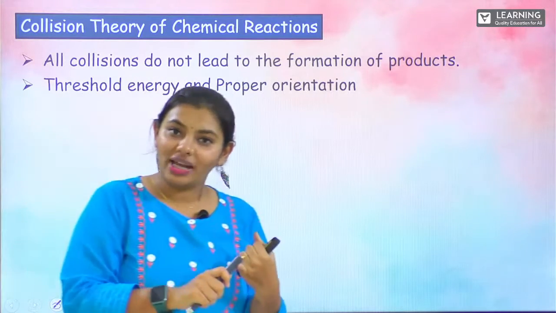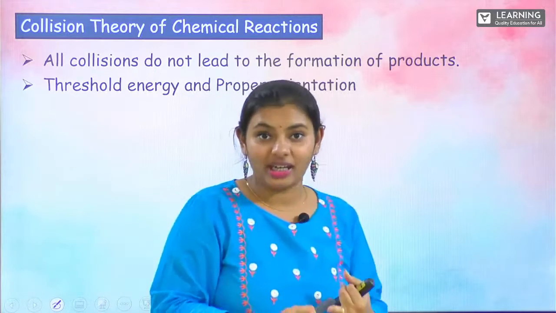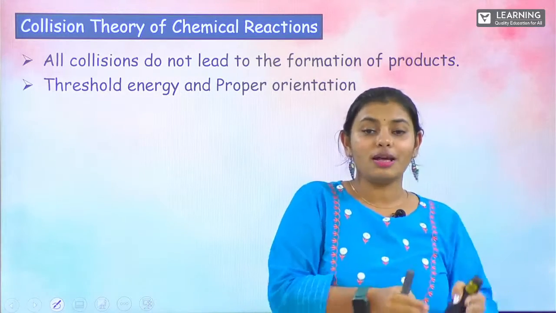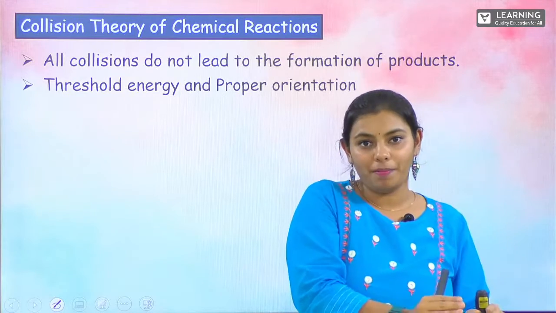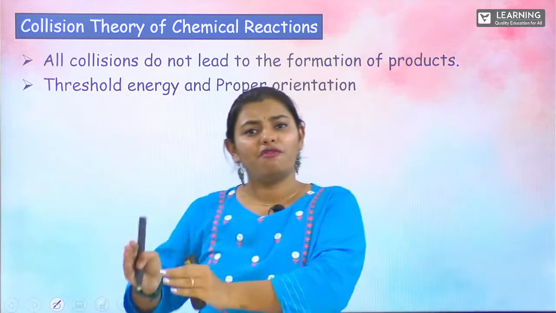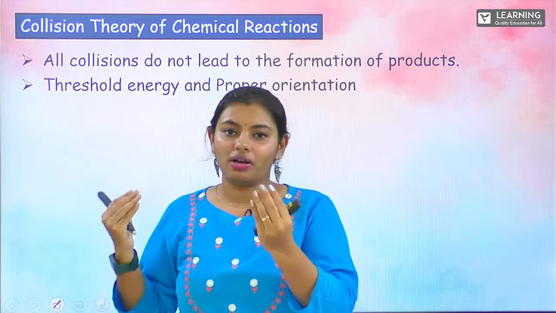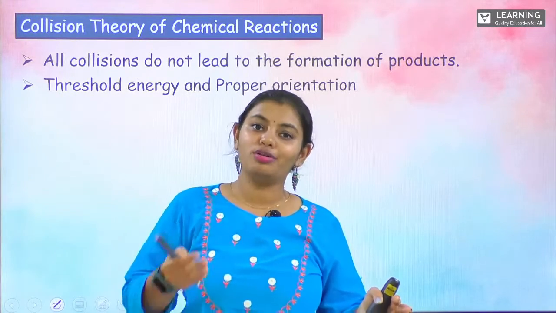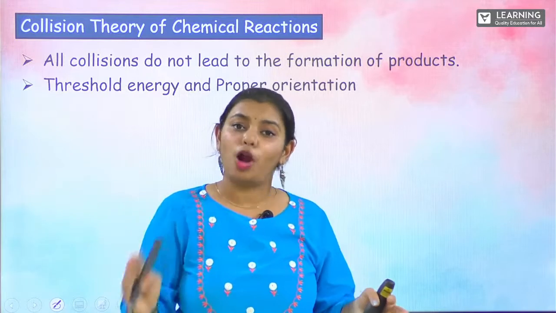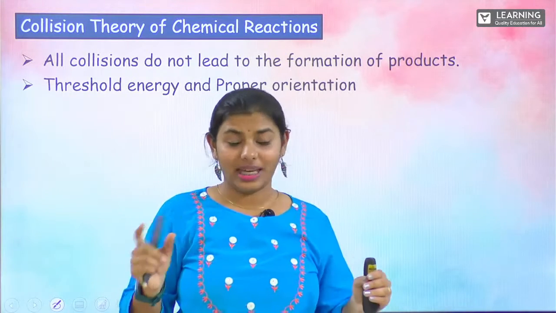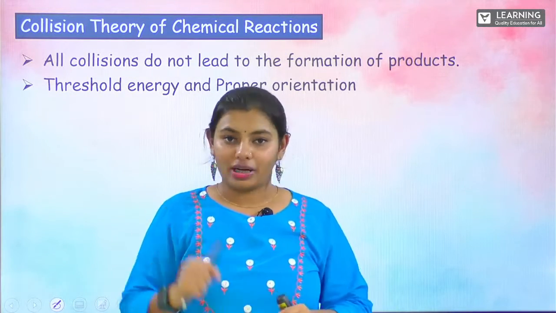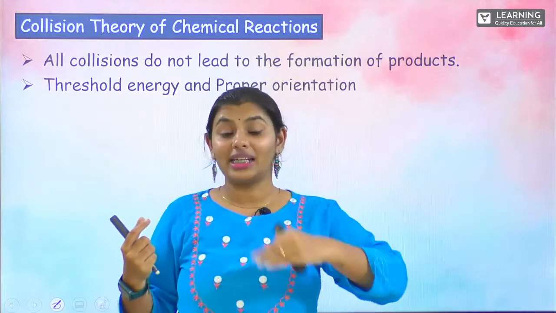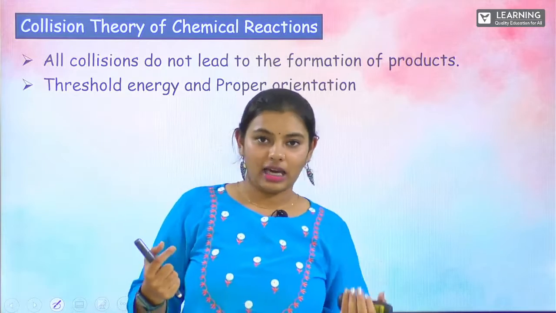Threshold energy as well as proper orientation is what allows the reactant molecules to break their bonds and then form new bonds, that is, the product. The breakage of the bonds of the reactant molecules and the formation of the products is taking place. So this is how we can tell that an effective collision is taking place.